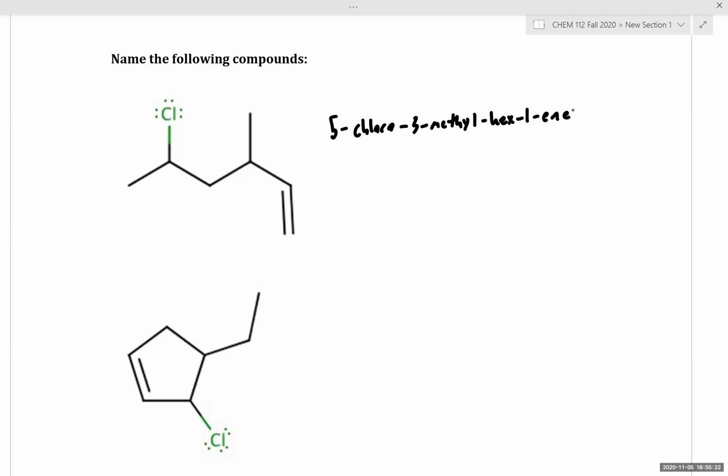Let's try to get a pool of responses in the chat for these two examples, and then we'll discuss. So just to highlight the numbering method used by the student to reach this name, we're using the following numbering method, which prioritizes placing the lowest locant number at the alkene following convention.